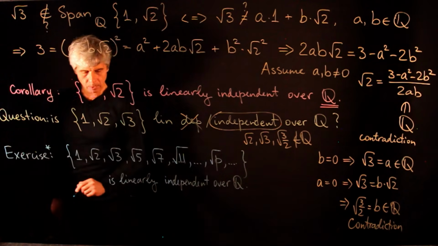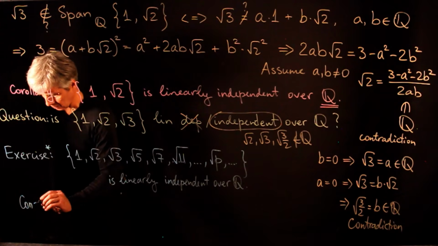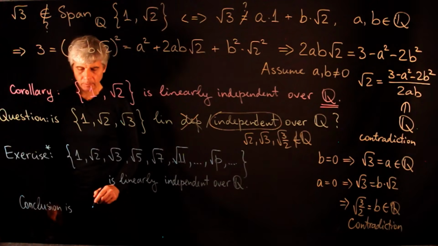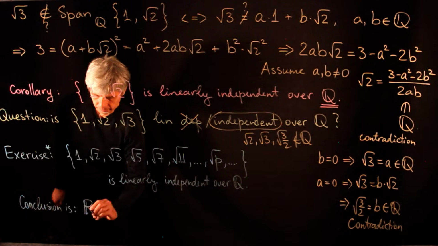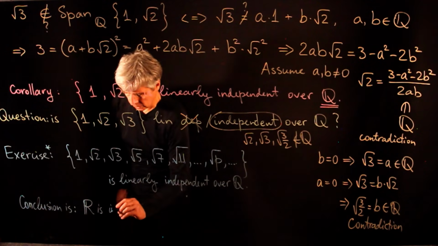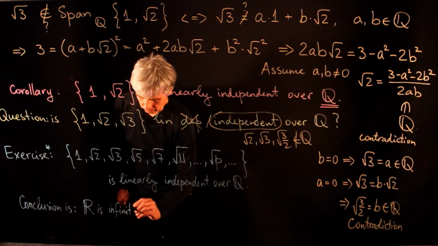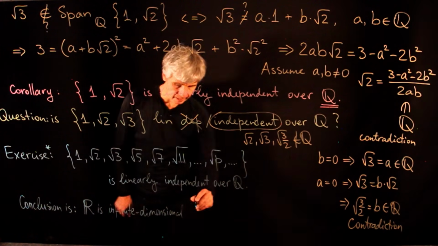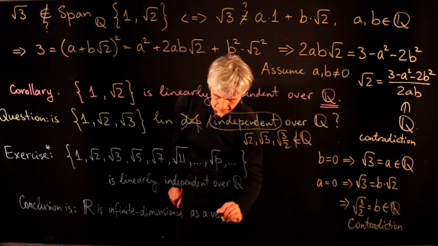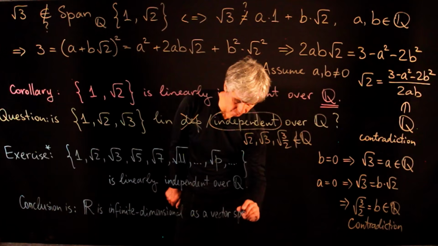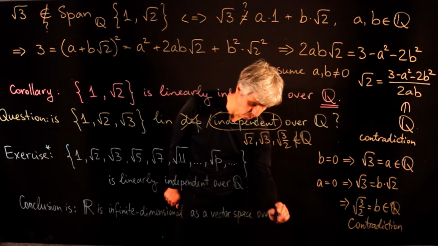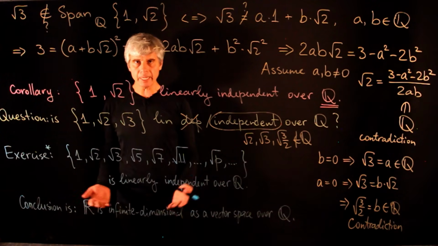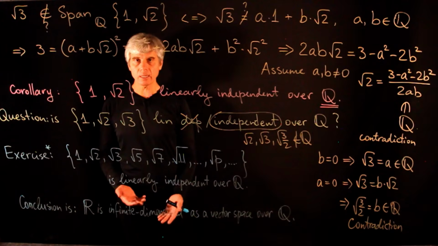Right, and so the conclusion from this exercise is that R is infinite dimensional as a vector space over Q. Now, indeed, if we have a finite dimensional vector space, then we can take its dimension.